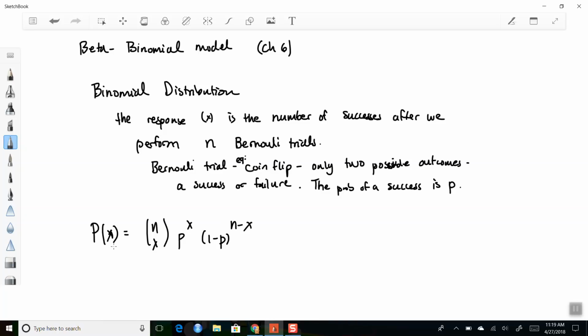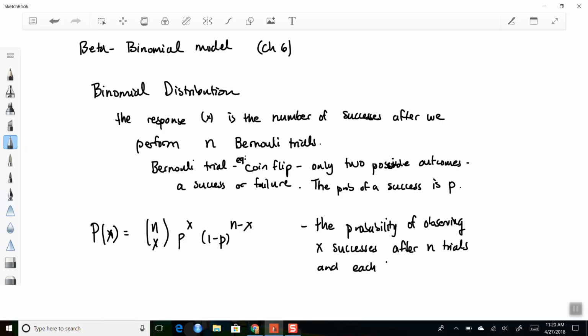This is the probability of observing x successes after n trials, where each trial has probability p of success.